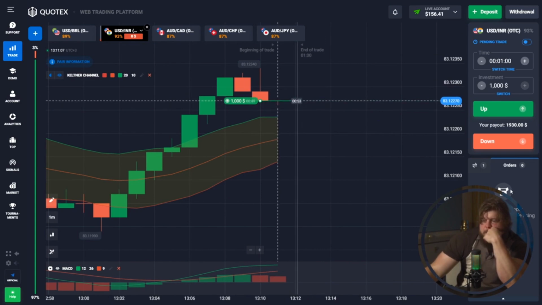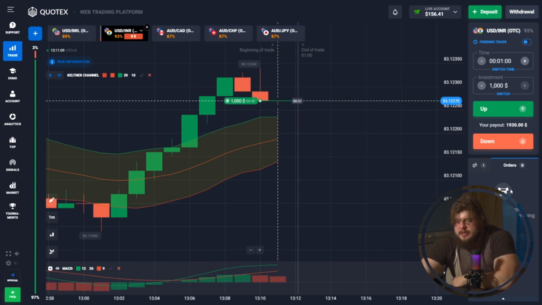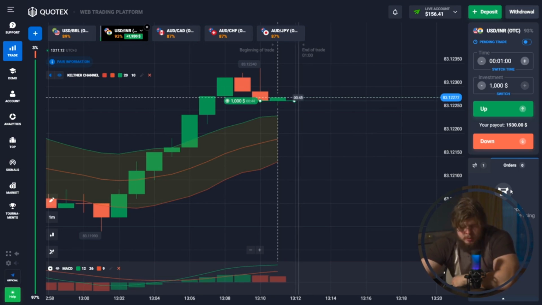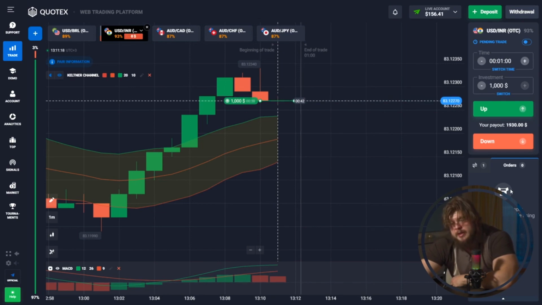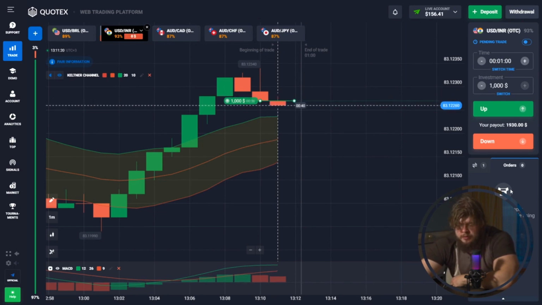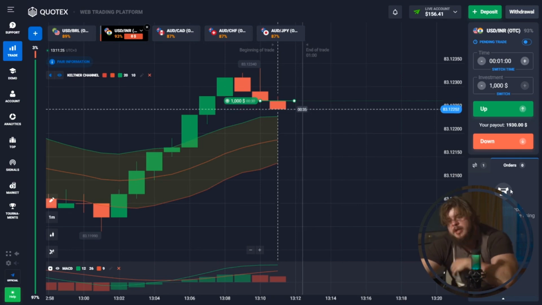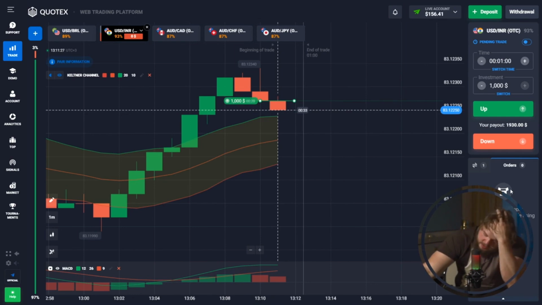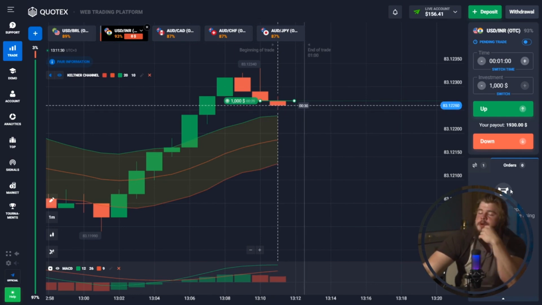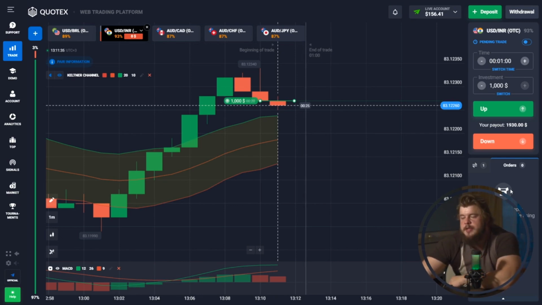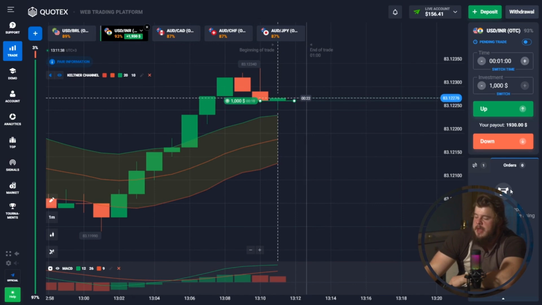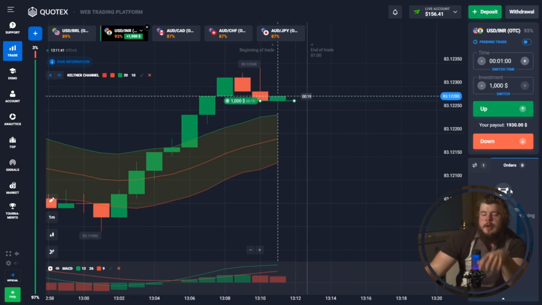Now we can predict that this time will be a successful one for the price to overcome this resistance level, because according to the MACD indicator and divergence in the volumes, these two indicators are showing us that the price and buyers have the possibility to overcome this resistance level and to grow. That's why we opened a buy position here, and now we're waiting for the result.